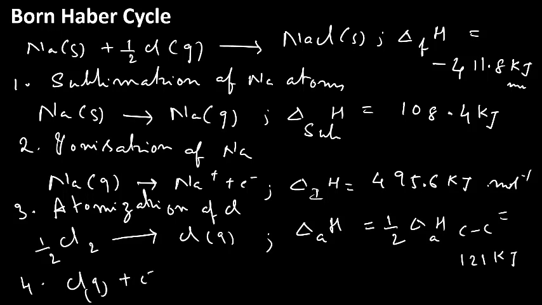And the fourth one is this: chlorine takes an electron, and we get chloride ion. So during formation of chloride ion, a certain amount of energy is released. Therefore this is delta EG H, EG means electron gain. Electron gain enthalpy is minus 348.6 kilojoule. And finally lattice enthalpy.